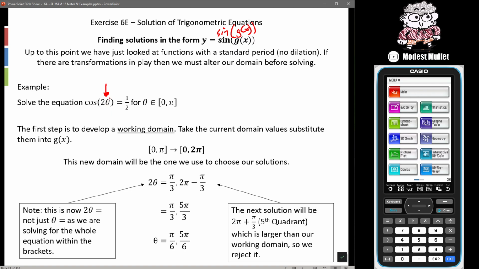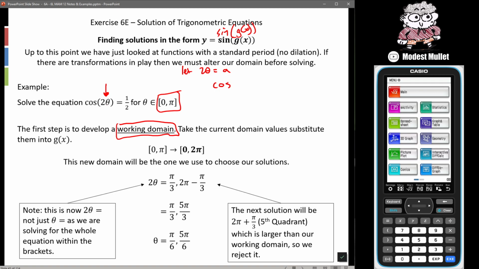So when we're given our initial domain, we need to convert it to something called a working domain. Because when you solve this, what's technically going on in the background is you might be going, let 2 theta equal a.